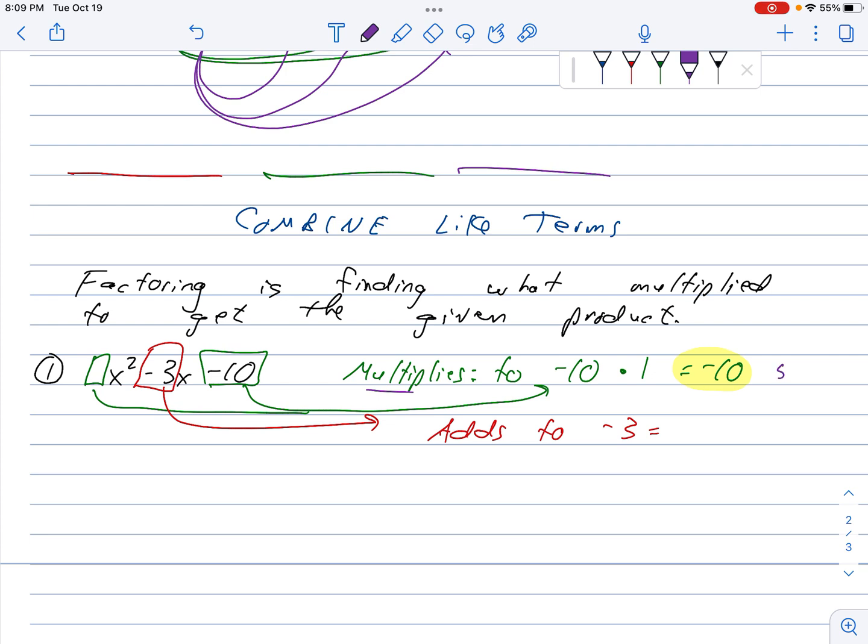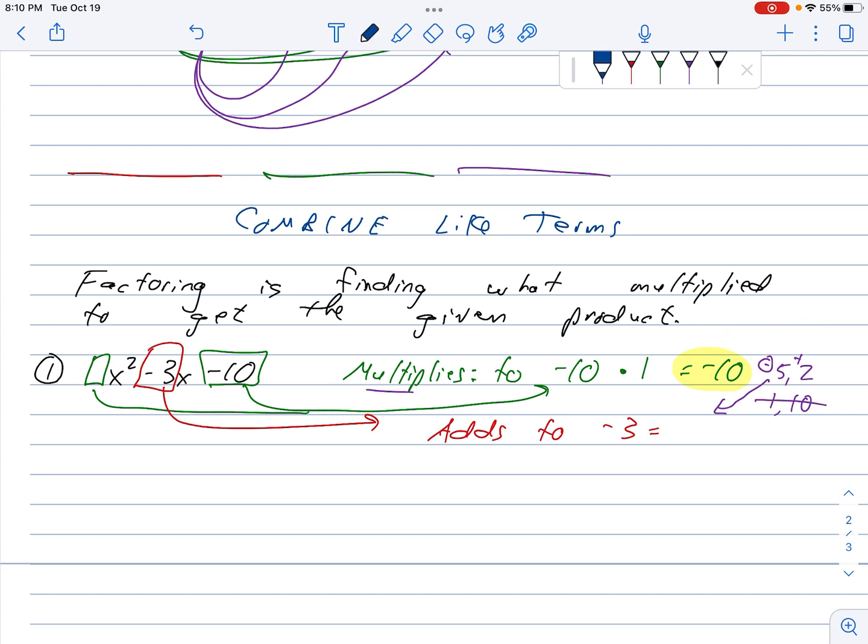Something like 5 and 2, or 1 and 10. That's really it. 1 and 10, there's no way it'll ever get me to negative 3. Never. But I can have 5 and 2 get me to negative 3. How? I need the 5 to be negative, the 2 to be positive. If that's the case, negative 5 plus 2, there it is. It gives me this, which is what I want. It has to add to that negative 3. Will negative 5 and positive 2 multiply to negative 10?